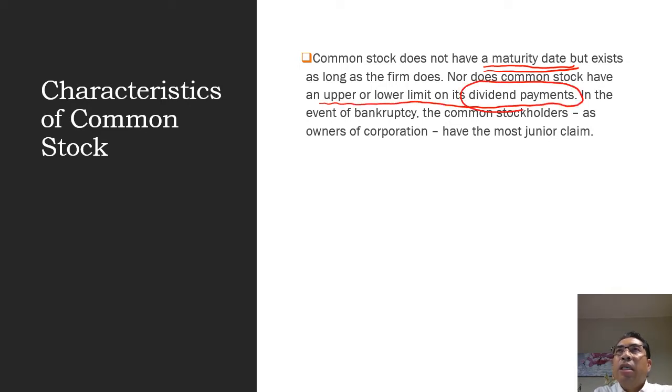In fact, there is no obligation for the company to pay dividends. And in the event of bankruptcy, the common stockholder as owner of the corporation has the most junior claim. As I mentioned, the common stockholder will be the last person to be paid in the event of bankruptcy.